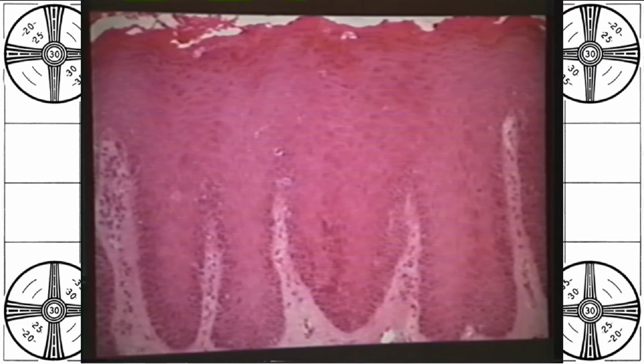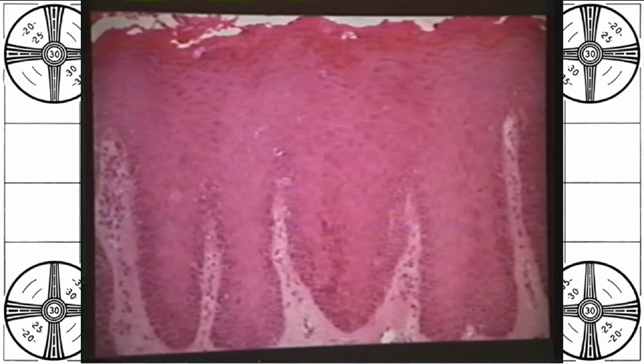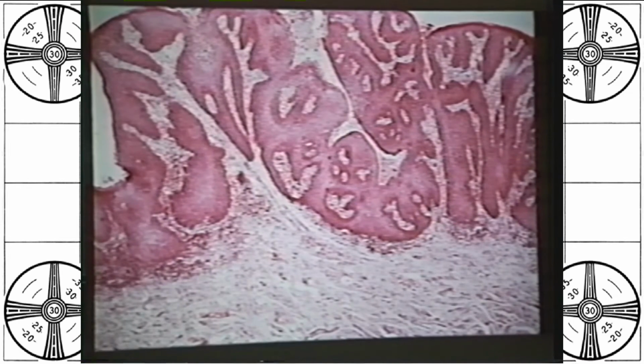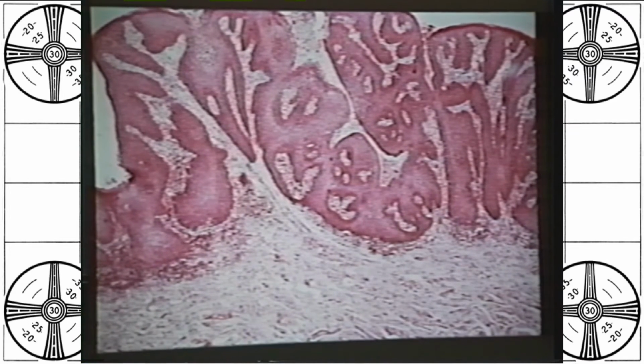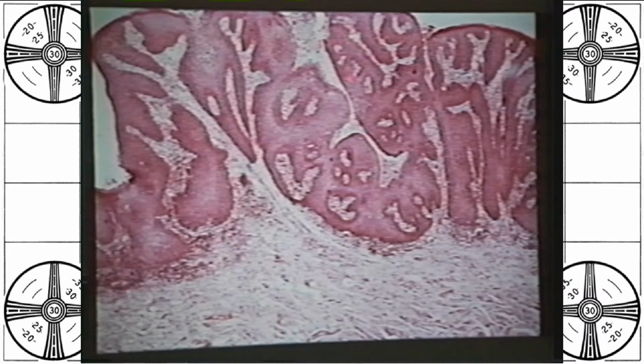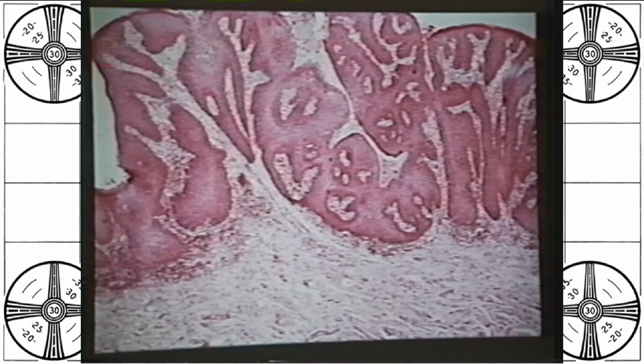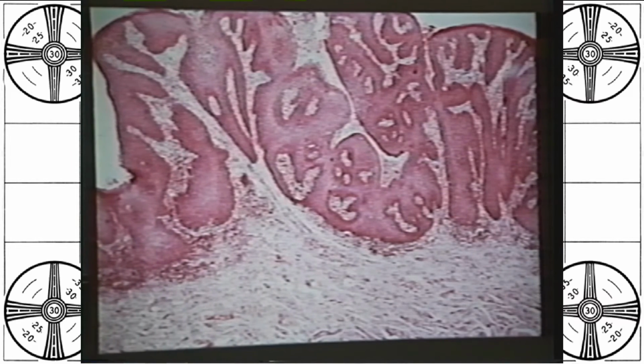And there's also reserve cell hyperplasia, so you can see increased division figures in the basal cell area. So this one has the impression that it's cranking up, it's getting ready to do something. So we want to pay especially close attention to this lesion, because it can progress to this, which you can see correlates very well with the clinical appearance. It has this cauliflower shape to it.